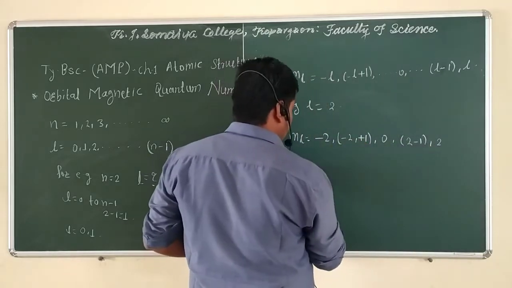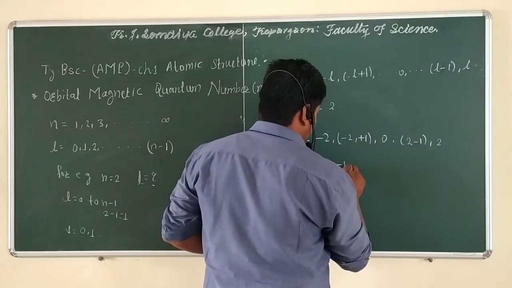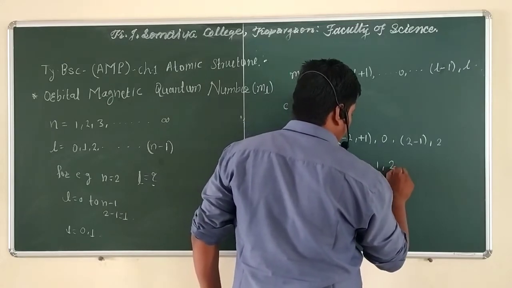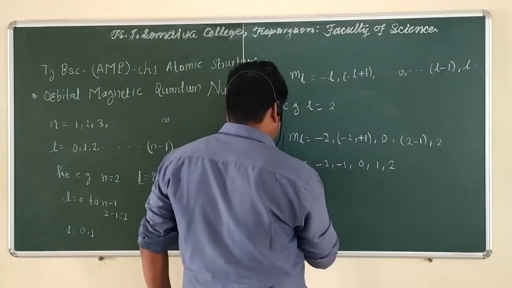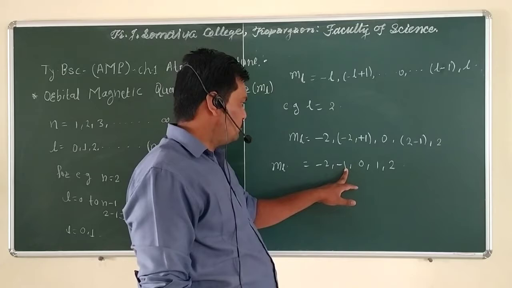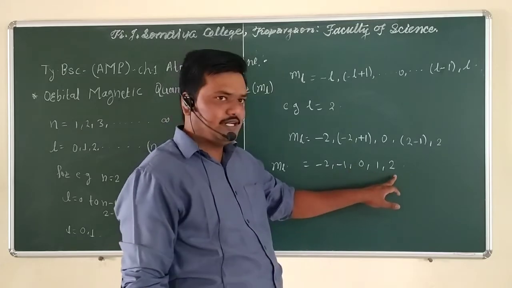So that gives the values minus 2, minus 1, 0, 1, 2. So the orbital magnetic values are minus 2, minus 1, 0, 1 and 2.